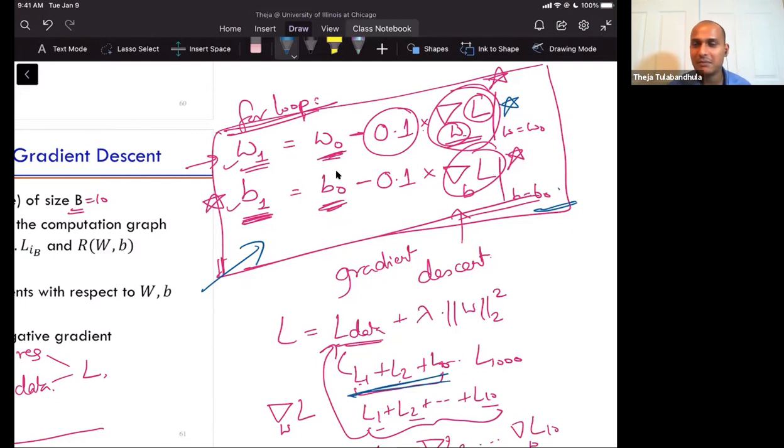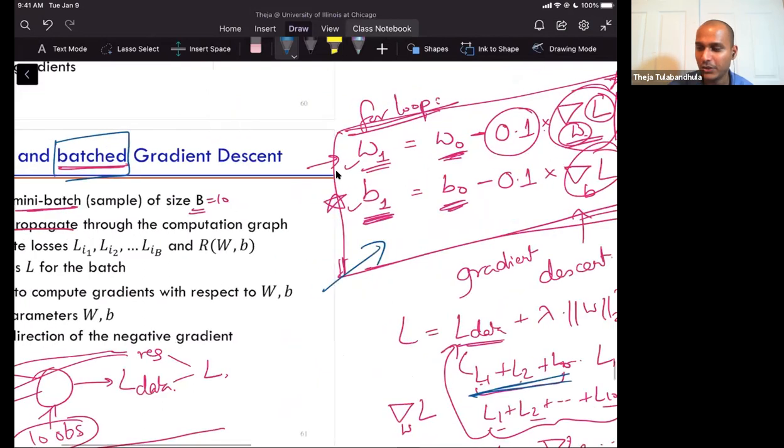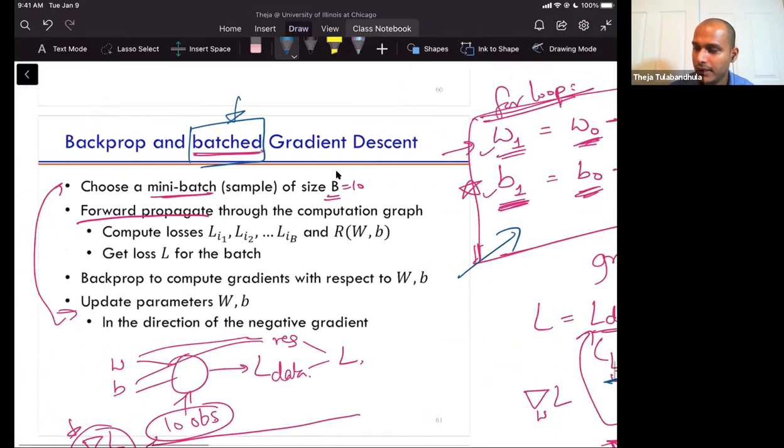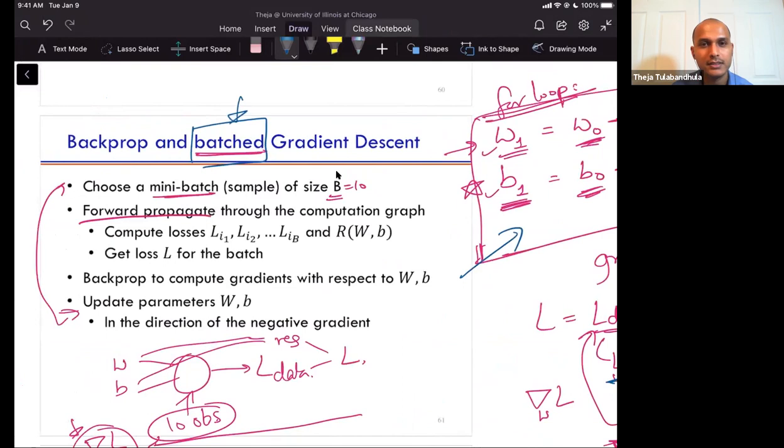And if you generally don't have a beefy computer, you would resort to this batched approach. That's one reason why you do it. Maybe there are other reasons. Researchers are still trying to see whether batching has other nice properties or not. But this is one of the reasons why you do batching. Any questions about this part?